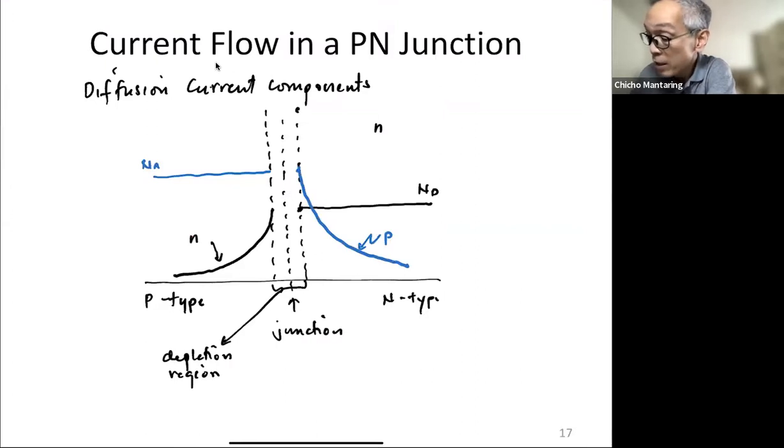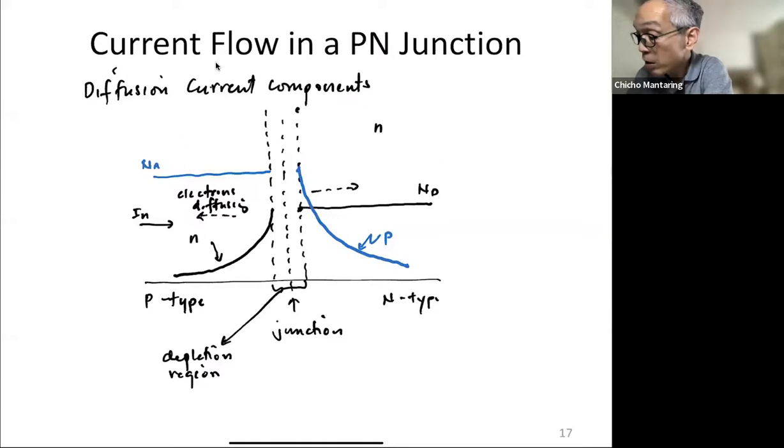So here, because there's an uneven concentration, then you're going to get electrons diffusing this way, meaning to say your current is this way. No? On the other end here, you have holes diffusing this way.